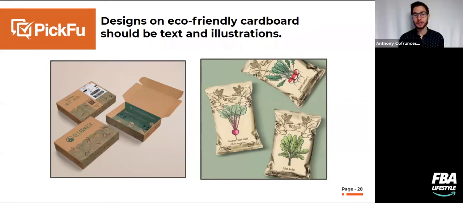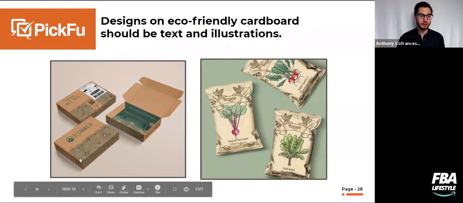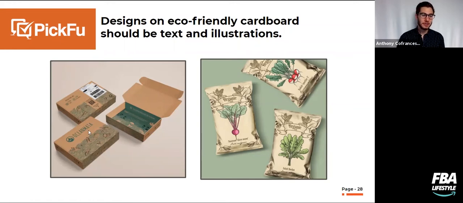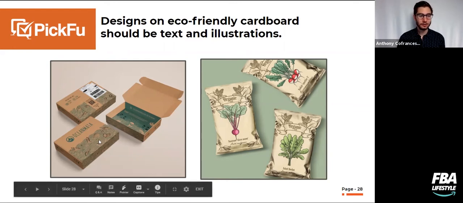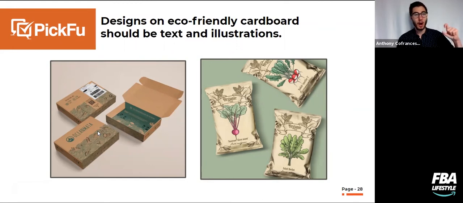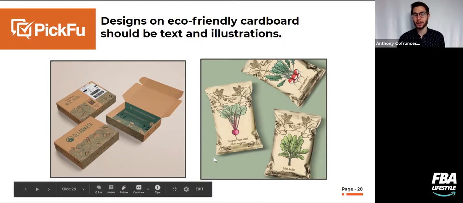If you are going to use something where the color packaging print is not going to be vibrant, stick to something that's going to be text-based or illustrations. And so you can see here, this illustration actually looks pretty good because it's not too complex and it doesn't really require very vivid colors to see this, versus if I was to try to put a picture on this, it would be very washed out. It wouldn't look clean.